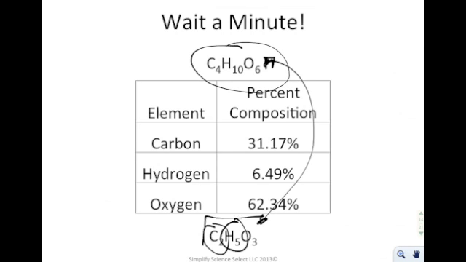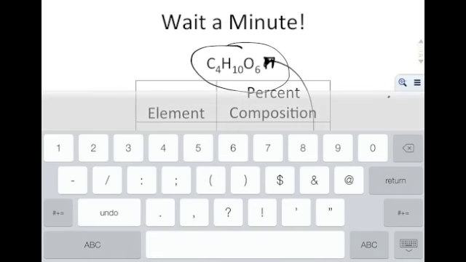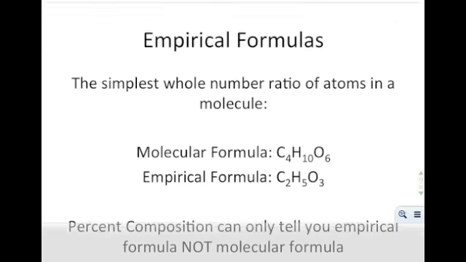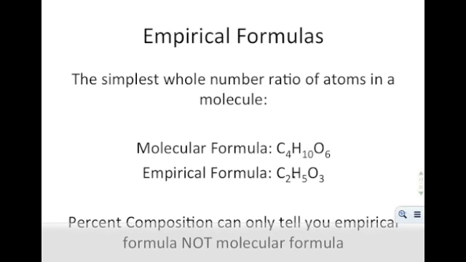Now this right here, the lowest common denominator thing, is called the empirical formula. The empirical formula is the simplest whole number ratio of atoms in a molecule. For example, this is what I originally had. That's not the simplest combination of atoms.